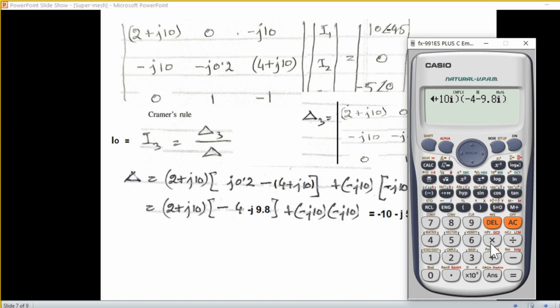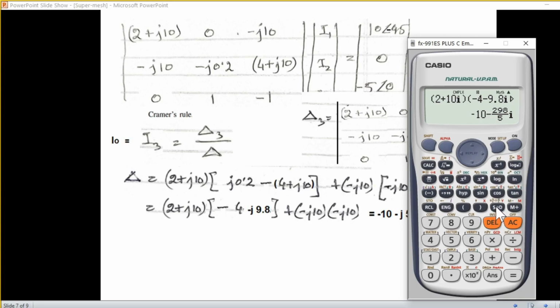Then the other part: plus bracket minus 10 I, bracket close, bracket minus 10 I, bracket close, equal to. Now this is the value.